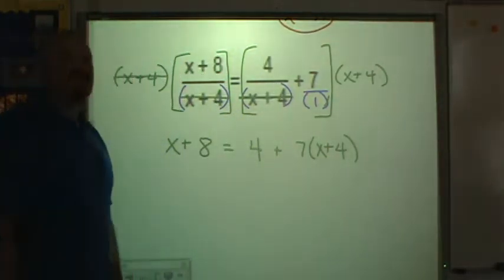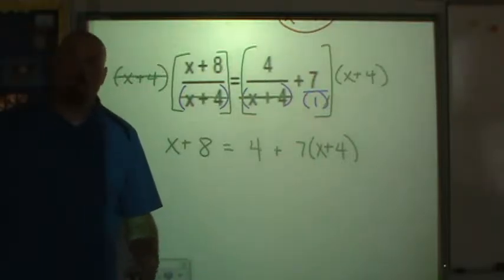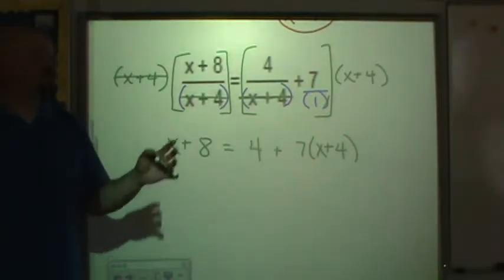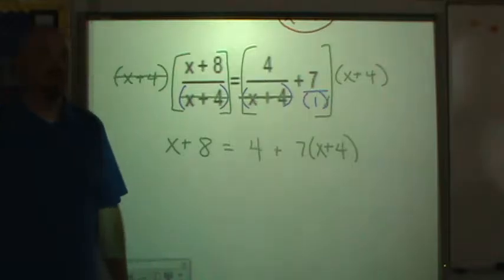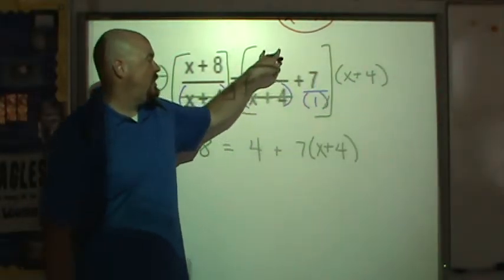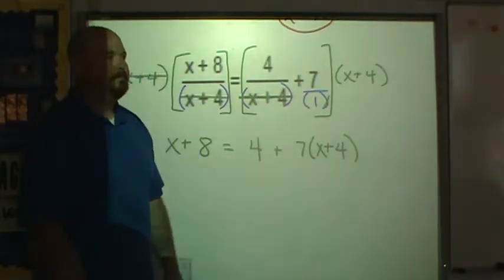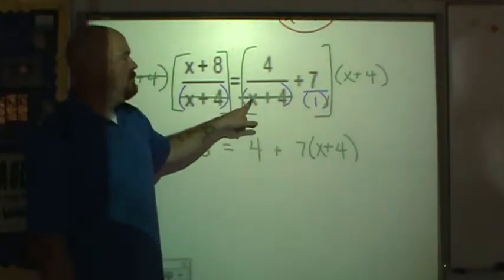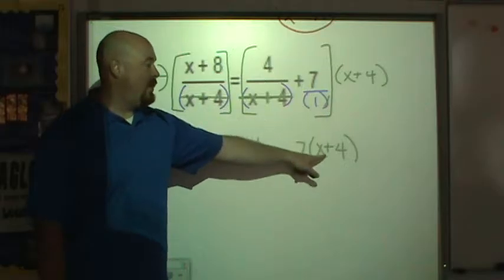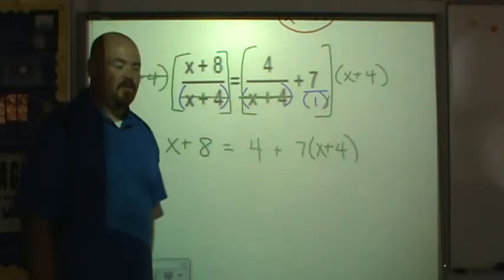I don't need to write it as 7 over 1. I only wrote that 1 just to emphasize the point of everything being a fraction. But I have to multiply the x plus 4 times this fraction and times this fraction. It's canceling here. It is not canceling here. That's why I have to include it in that product. I have to write it out.